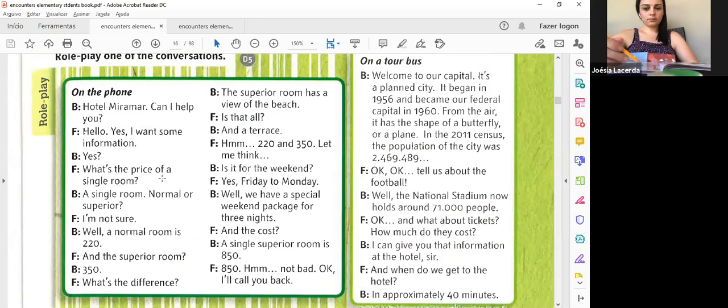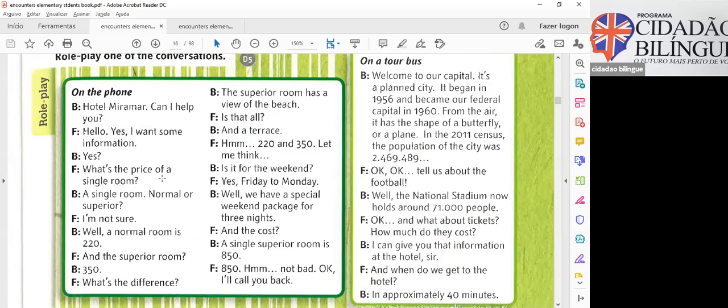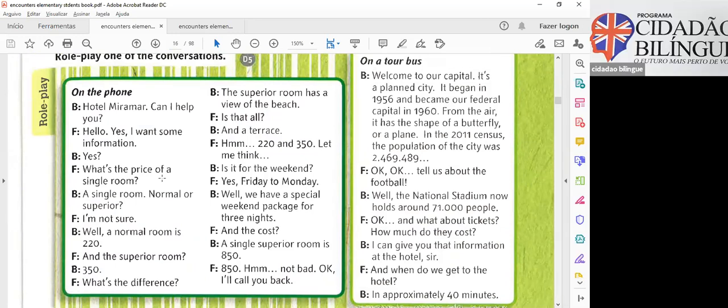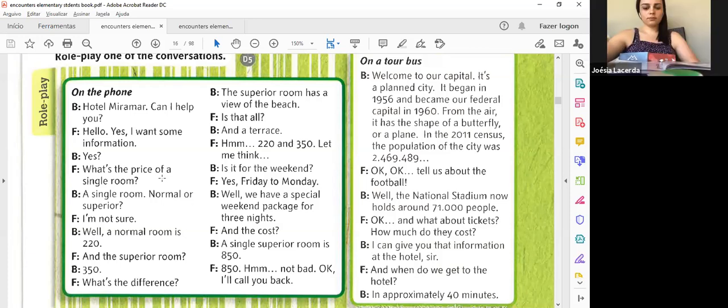What's the price of a single room? A single room, normal or superior? I'm not sure. Well, a normal room is 220. And the superior room? 350. What's the difference?